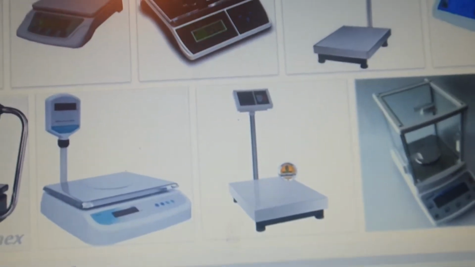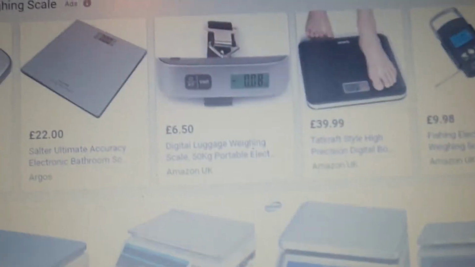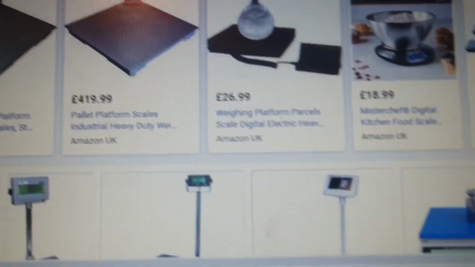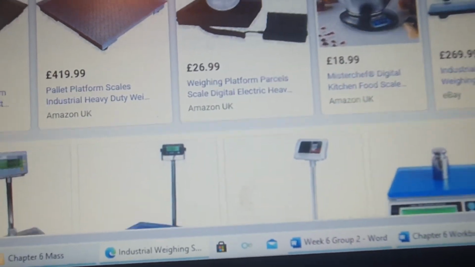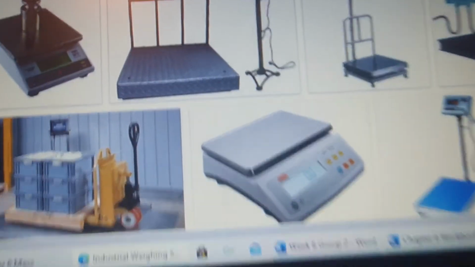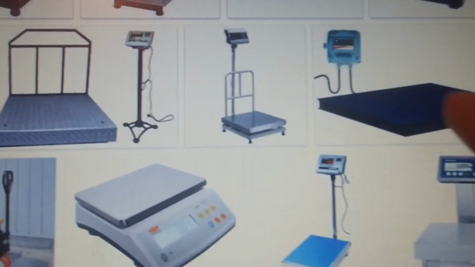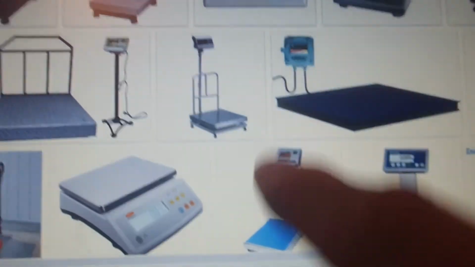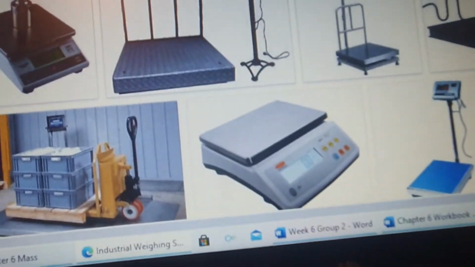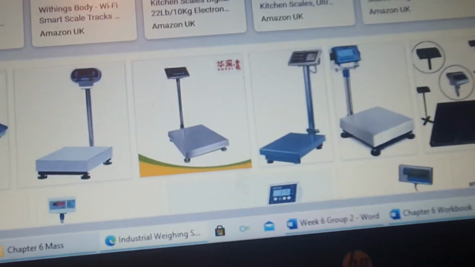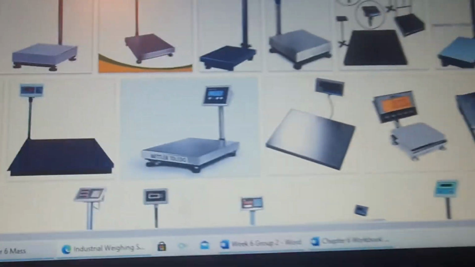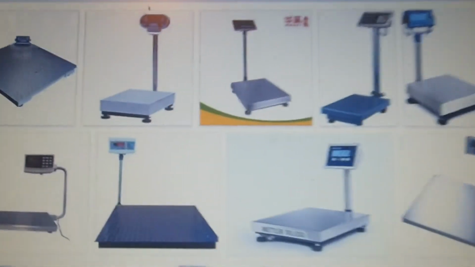So there's loads of things in life that we use for weighing. Sometimes we have industrial weighing, so a car or something like that would go onto those scales, and that would be very heavy. So we're always weighing things.